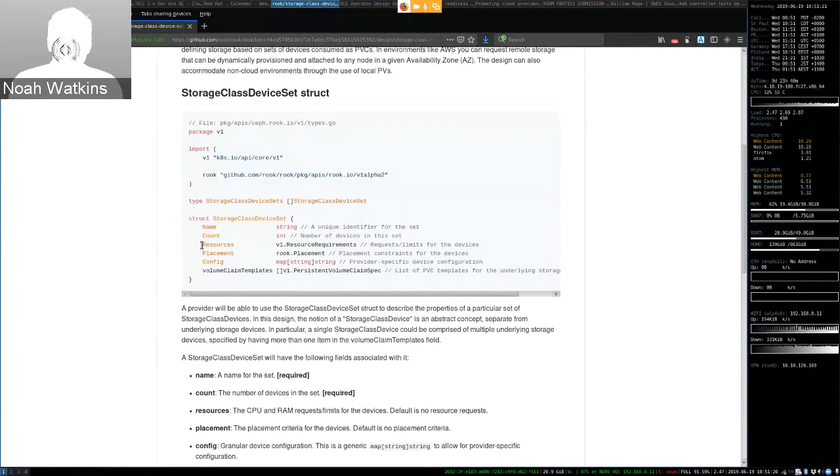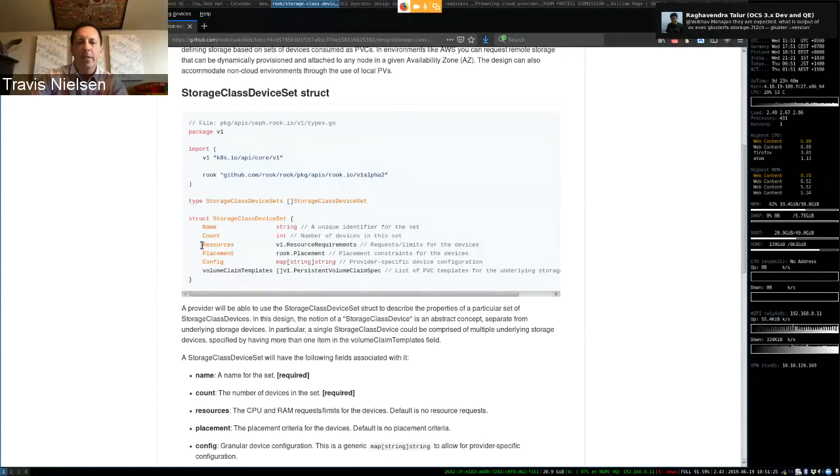So it also represents OSDs? Yes. Okay. So whether the devices are specified with the current way or with the device set, you're providing devices that will have OSDs put on them, and those OSDs can have resource limits and requests.